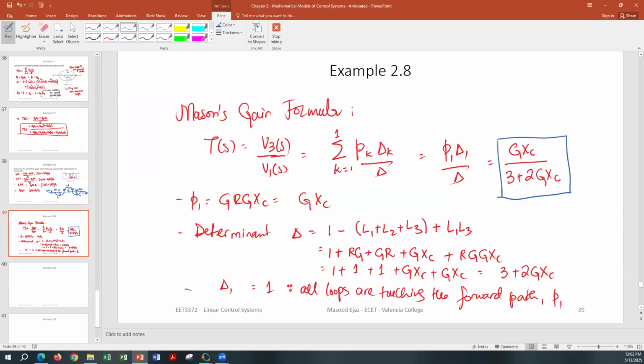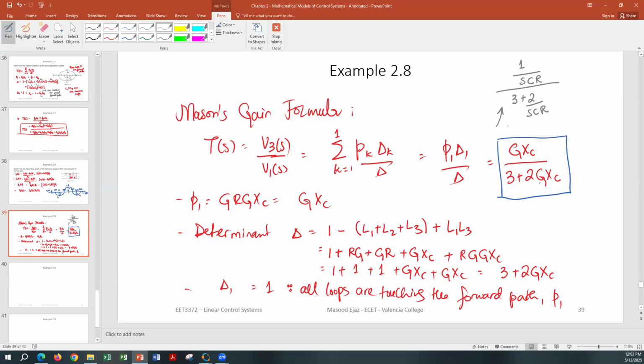Now you can plug in X_C equal to 1 over SC and further simplify this. And G you can do 1 over R if you want. So if I want to further simplify it, I can write G over SC, or instead of G, since R is part of your given circuit, 1 over SCR, since G is 1 over R, divided by 3 plus 2 over SCR.